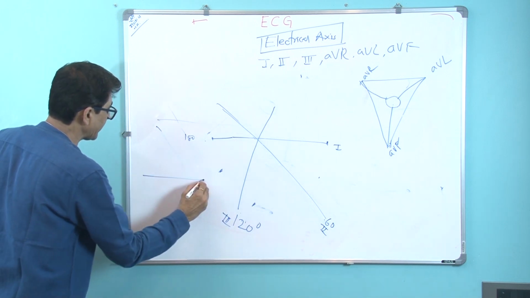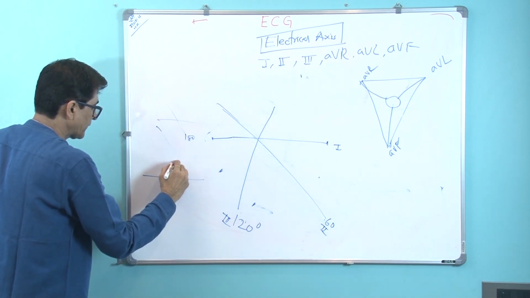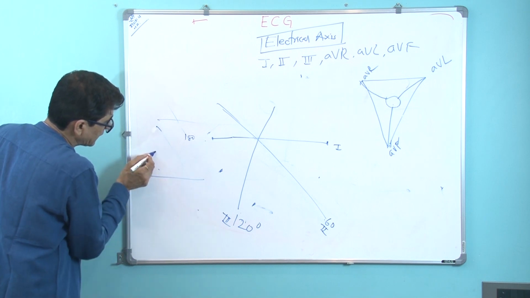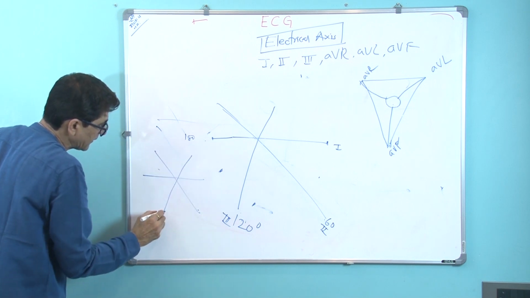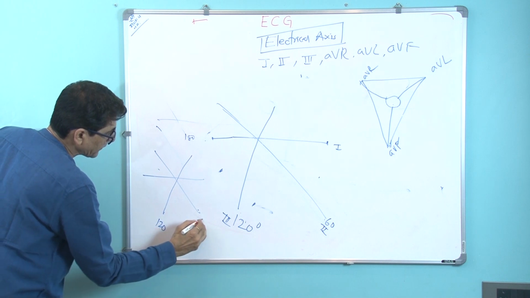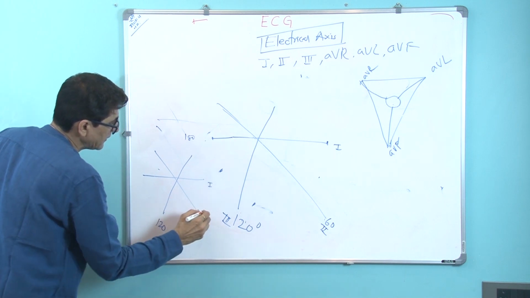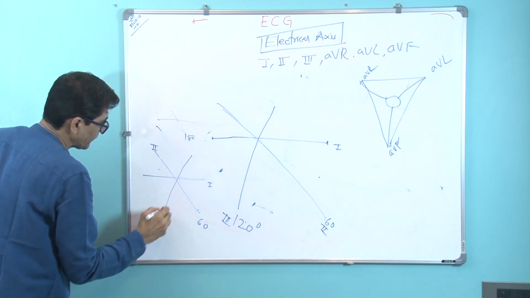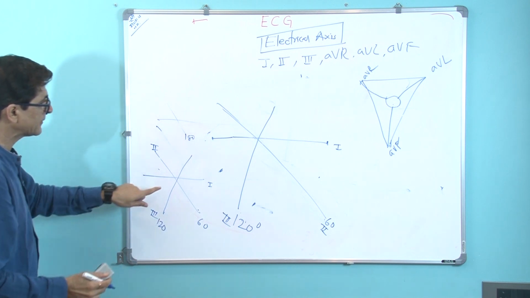So if we draw like this, this is around 60, so this is 60 and this is 3, so this is 120, this is 60, this is lead first, this is lead 2, this is lead 3, like this.